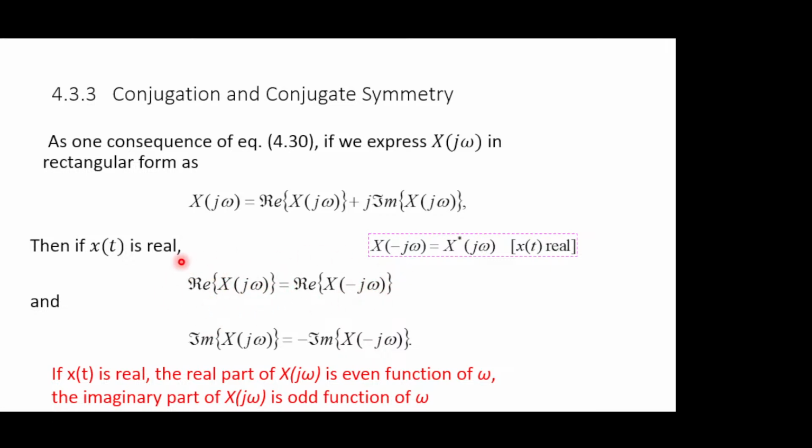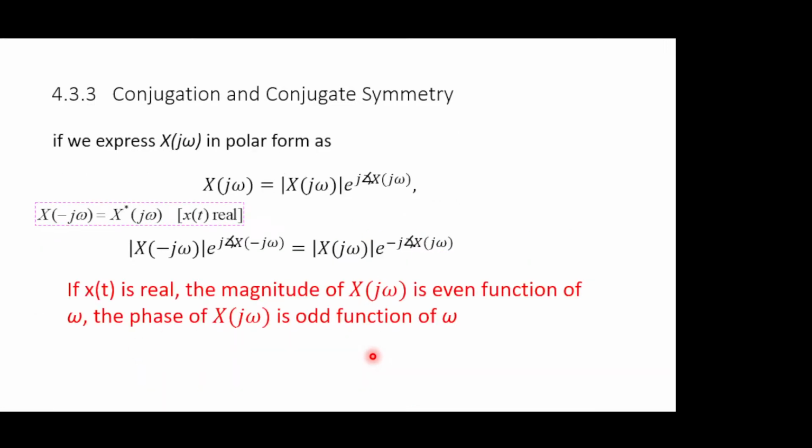Similarly, you take the imaginary part, but because you take a complex conjugate here, you get a negative sign. So the imaginary part of X of j omega equals negative of the imaginary part of X of minus j omega. So this is the odd function. So anyway, if x is a real function, then big X has a real part that is even, and its imaginary part is odd.